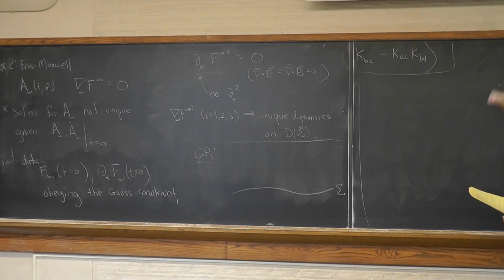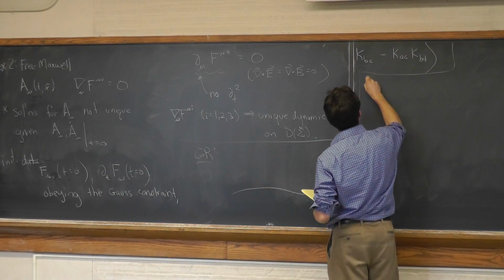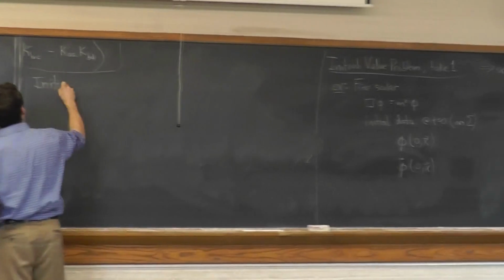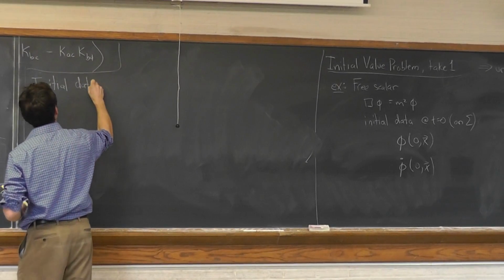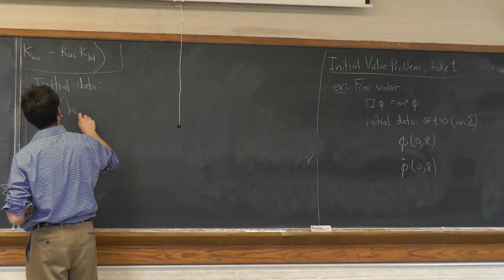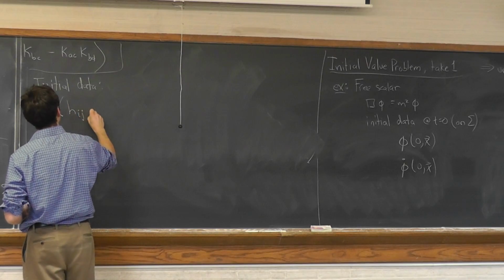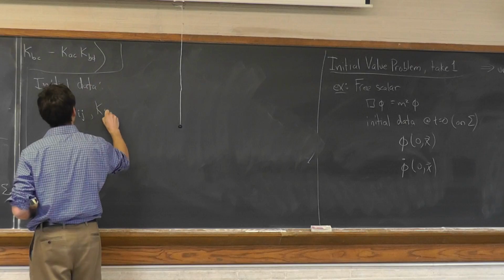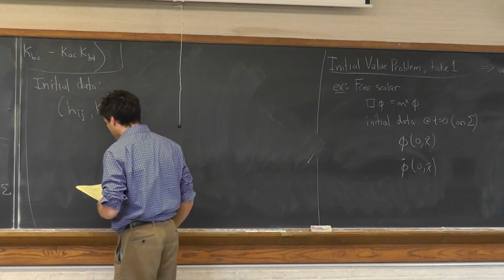We can mostly derive it. So the initial data is h_ij and K_ij.